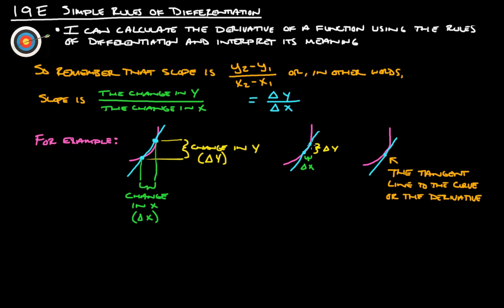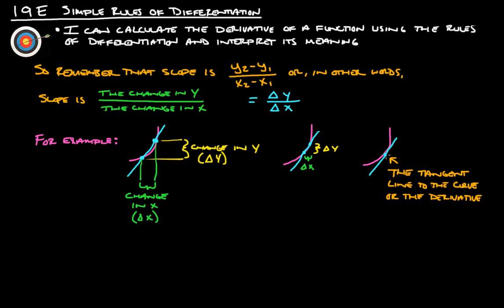As those two points get closer together, we still have the change in y over the change in x, but this gives us a closer picture of what the slope is at the point right in between these two. Now here's where we tie into limits.